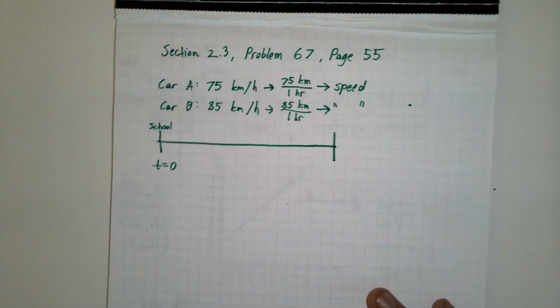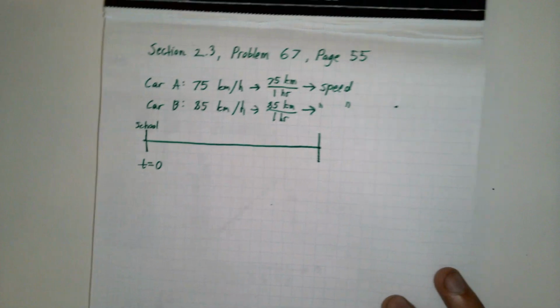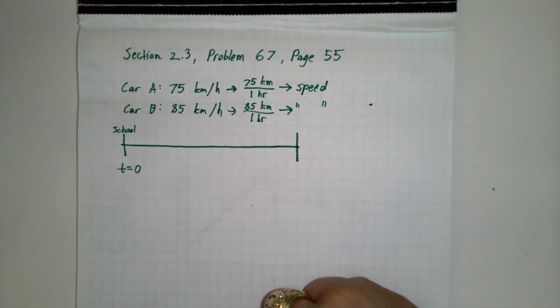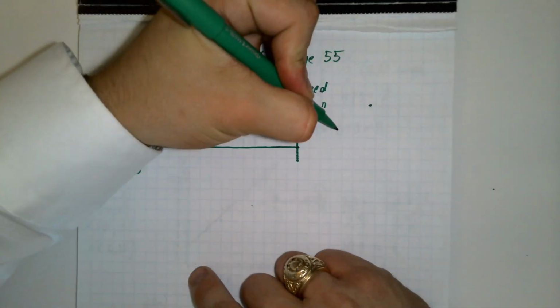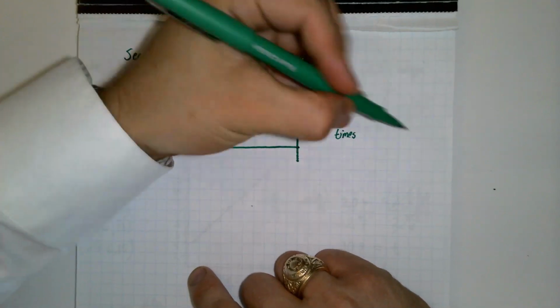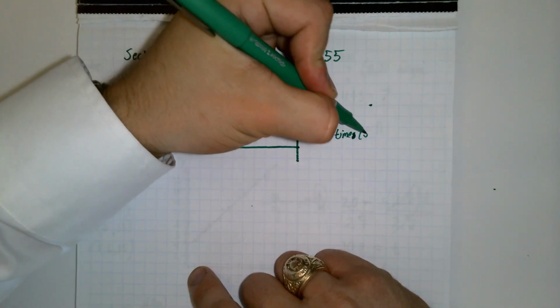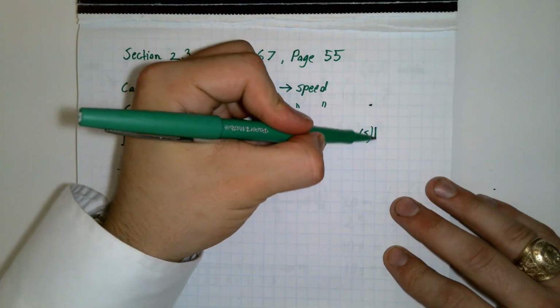We'll be able to fill that out as we fill out a table for this. Our independent variable, as always in this situation, is time. That'll be in our first column.